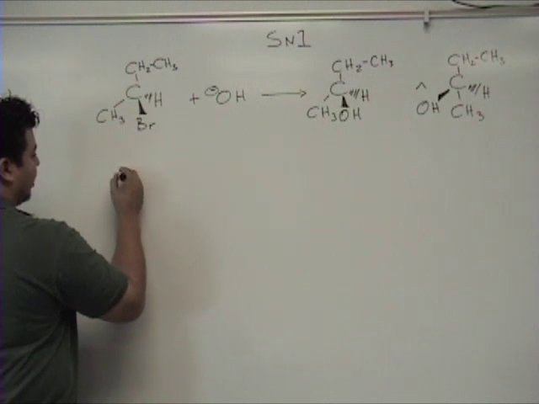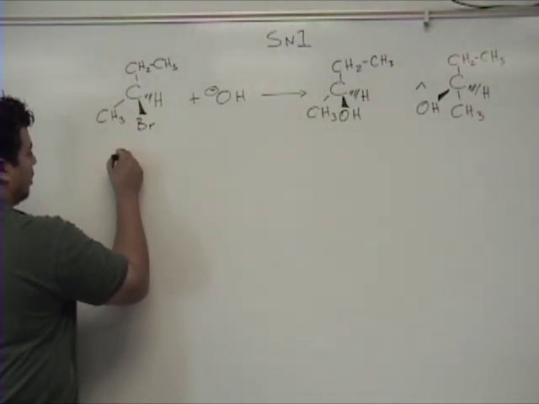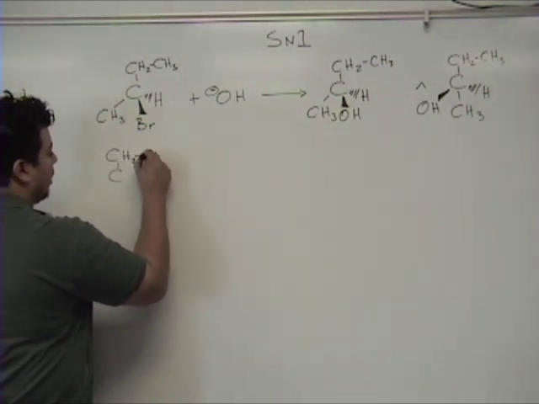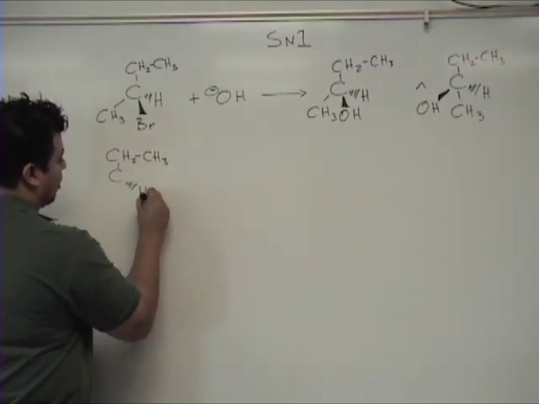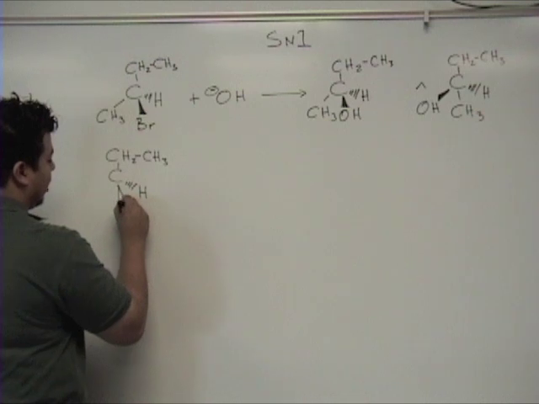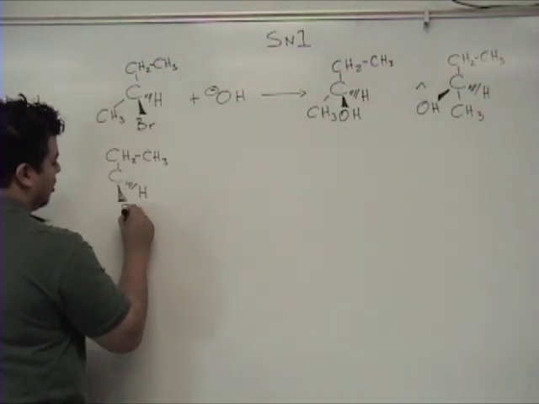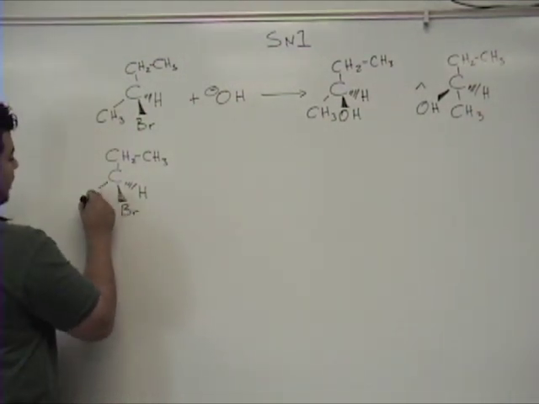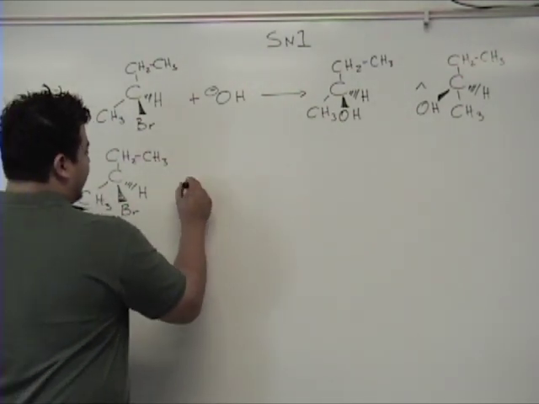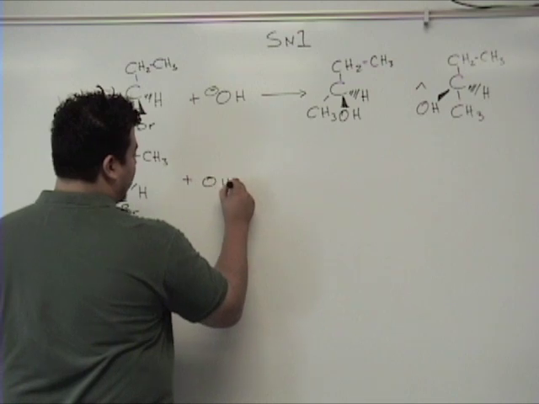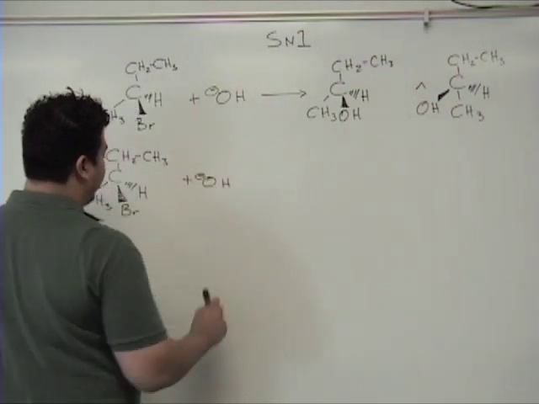So I will copy this. C, CH2, CH3. Then I have an H in the back, Br, and then a CH3 to the side. Plus OH minus, my nucleophile.